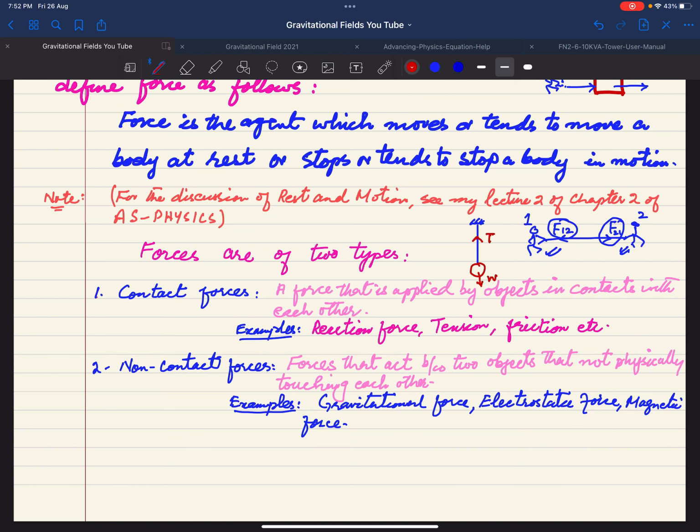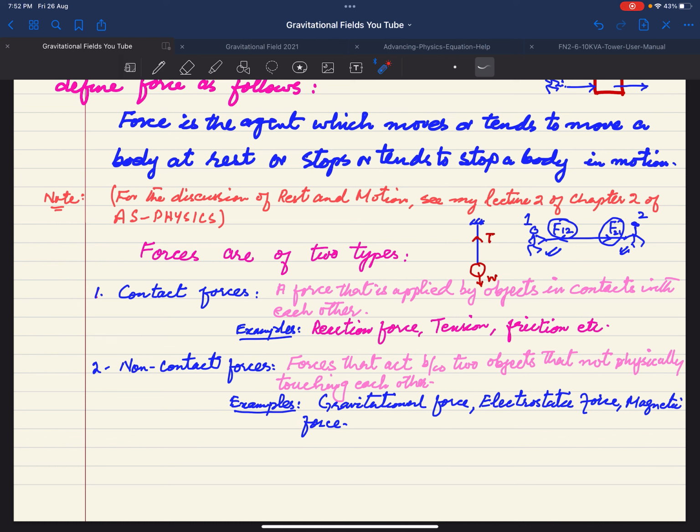We discussed these things in your AS physics. Similarly, we have friction between two bodies in contact, which may be air friction or surface friction and so on. All of these types of forces are termed contact forces.